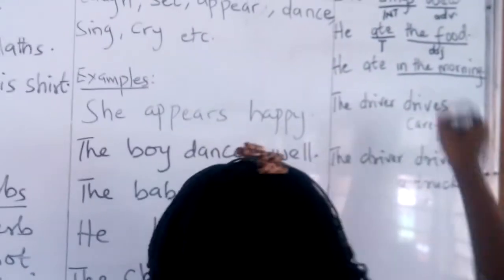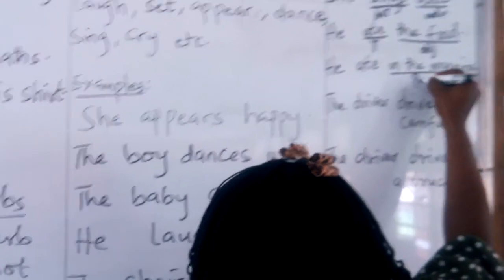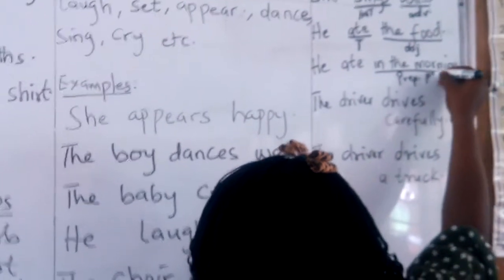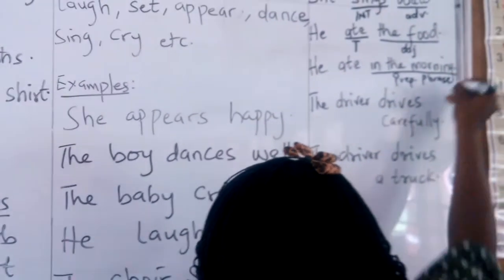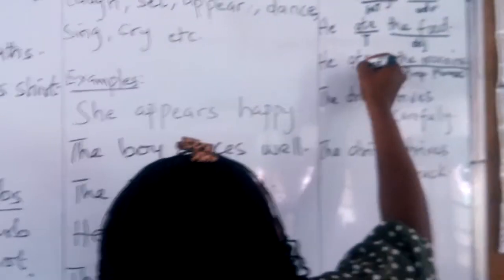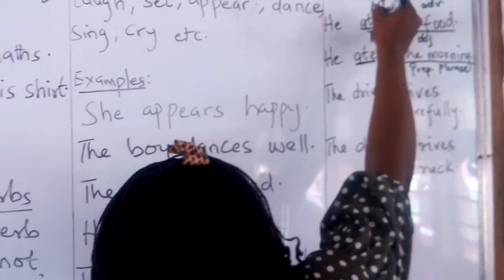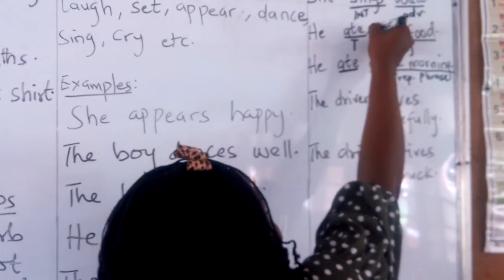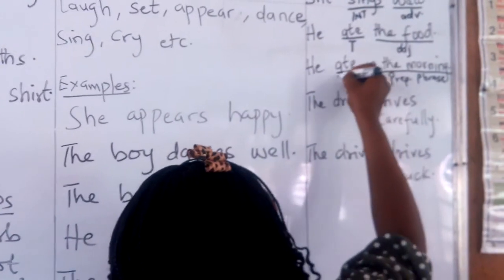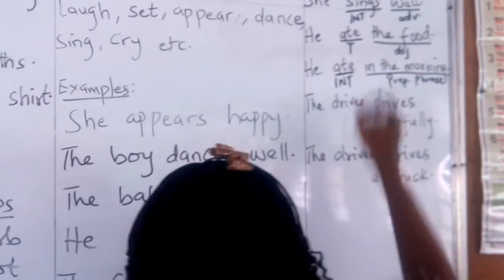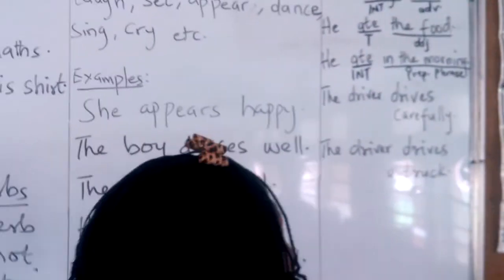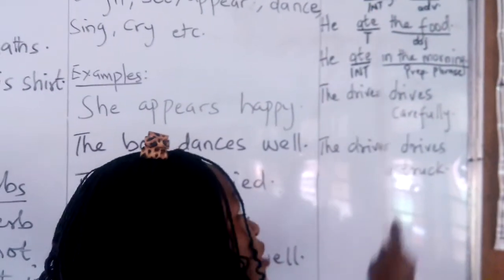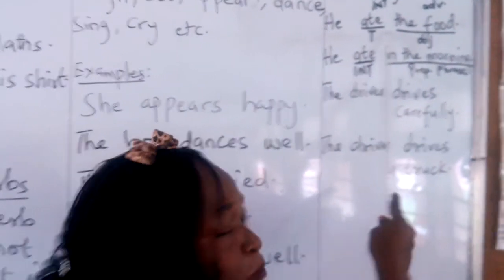So it is not the object in the sentence, rather it is a prepositional phrase. And because it is a prepositional phrase, not an object, the verb here, even though it plays the function of transitive verb there, here it plays the function of what? Intransitive verb, because here it does not take any direct object, while there it does.